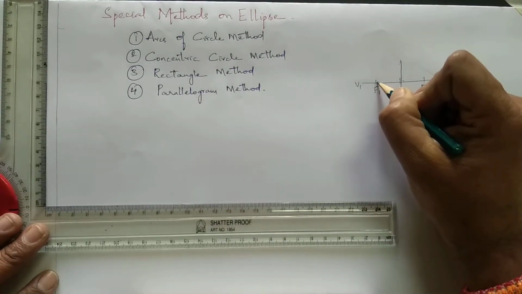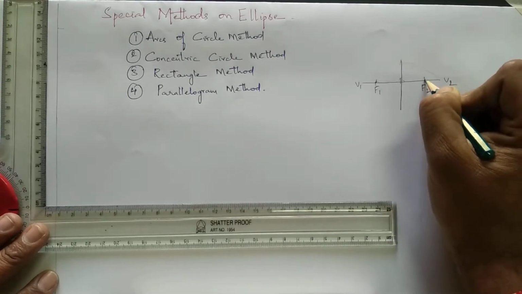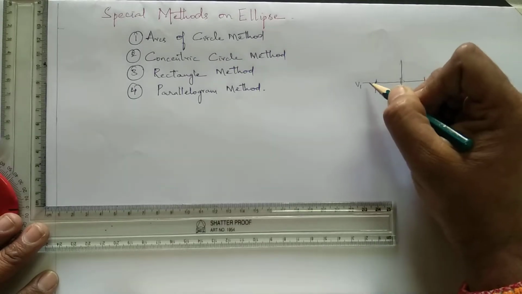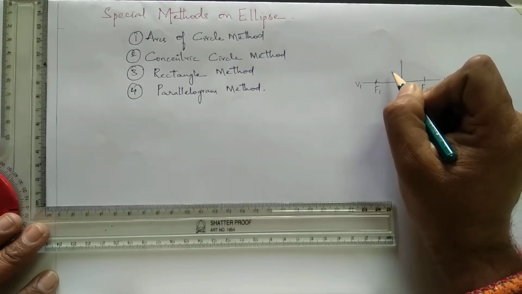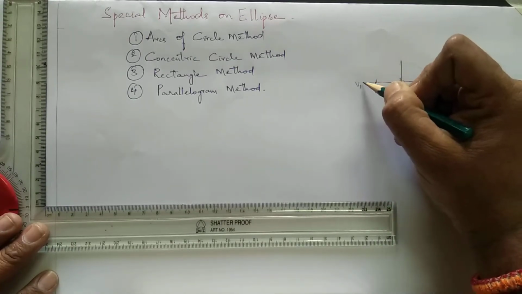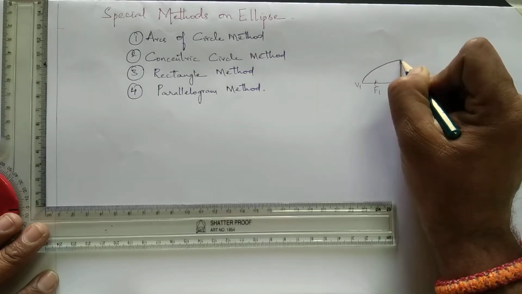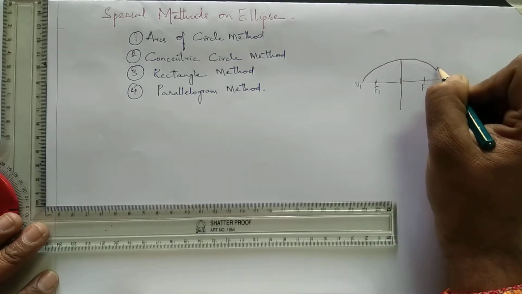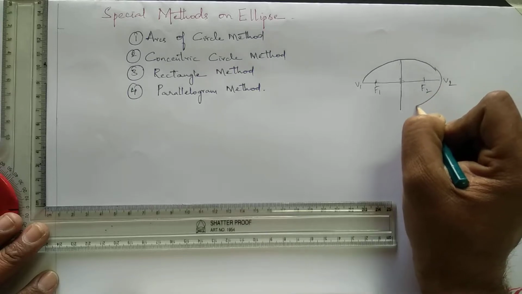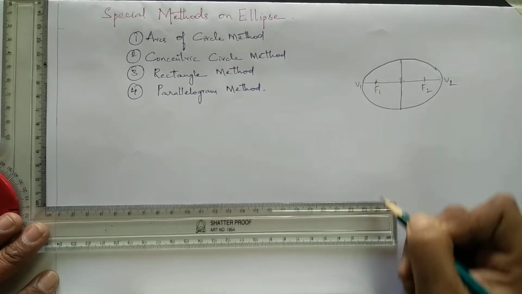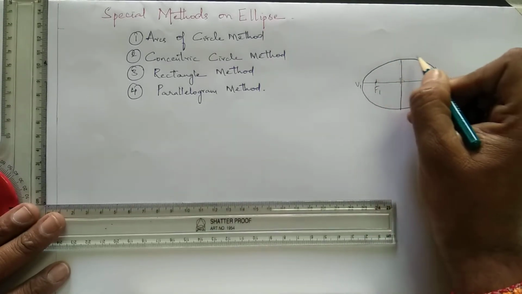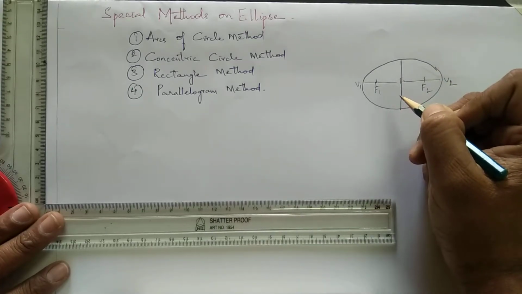Based on these focus points as centers, on both sides, we go ahead with drawing the curve. This is the rough diagram of how we construct the ellipse.